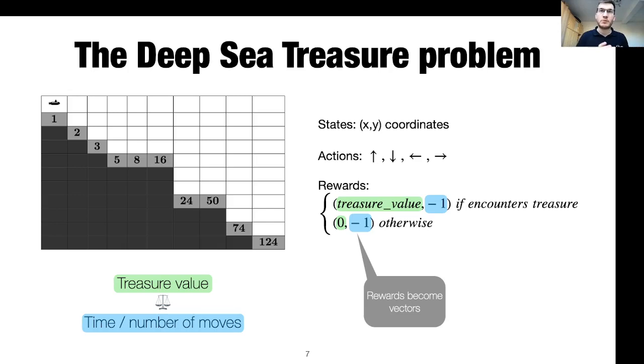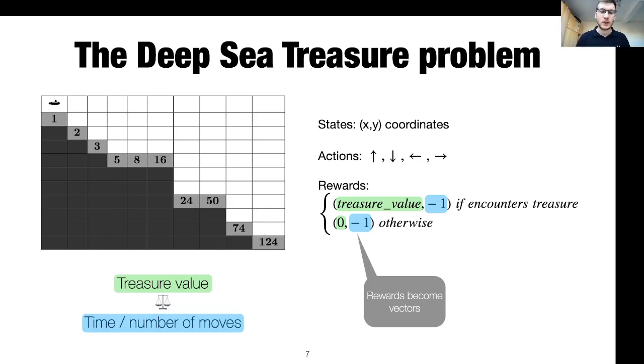In the literature, we use toy problems, and one well-known toy problem is called the deep sea treasure problem, where you control a submarine, and the submarine's task is to find treasures under the sea. As you can see, there is a map, and the submarine can perceive its XY coordinates, so it doesn't see the whole map.